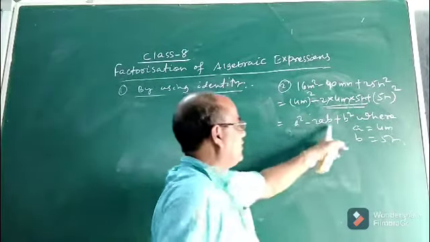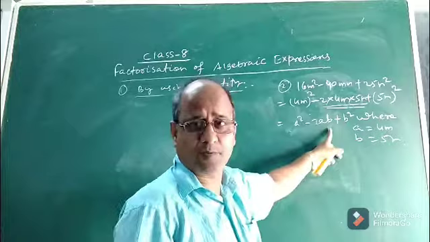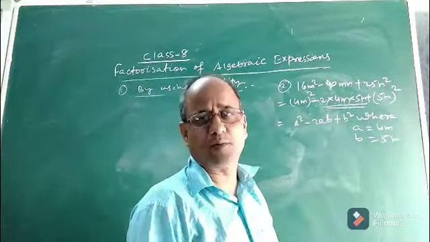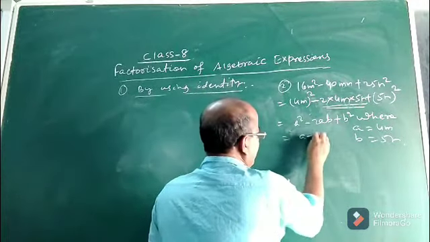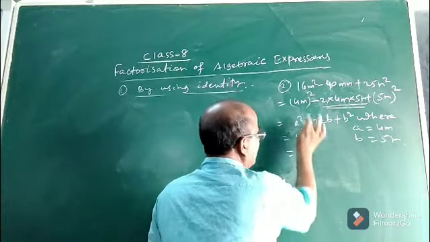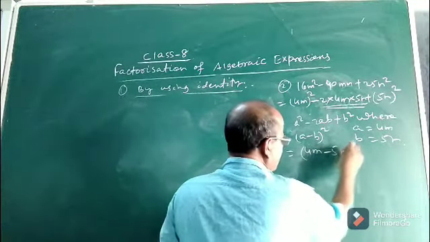If the given expression is in the form a square minus 2ab plus b square, you know the formula: you will put a minus b whole square. So write down a minus b whole square, and in place of a and b put the values.